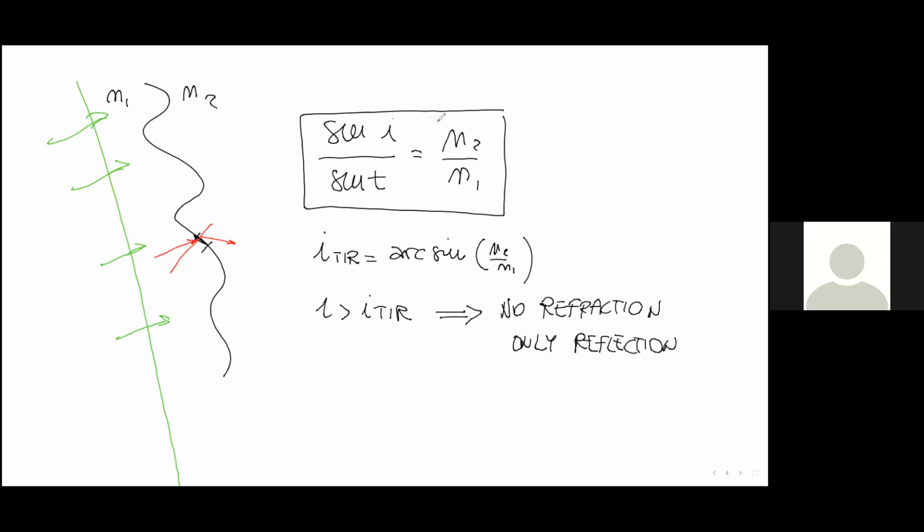Okay? Now, the Snell law doesn't tell you anything about, let's say, the intensity of the incident light, the intensity of the transmitted light, and the intensity of the reflected light. It doesn't tell you anything.